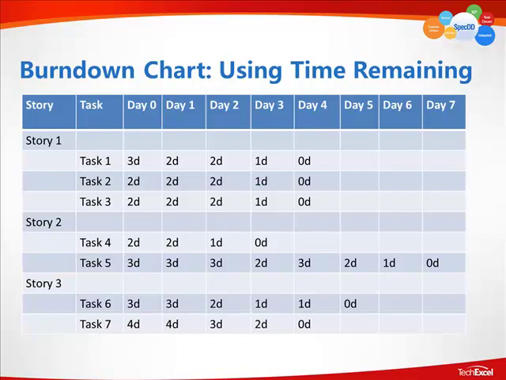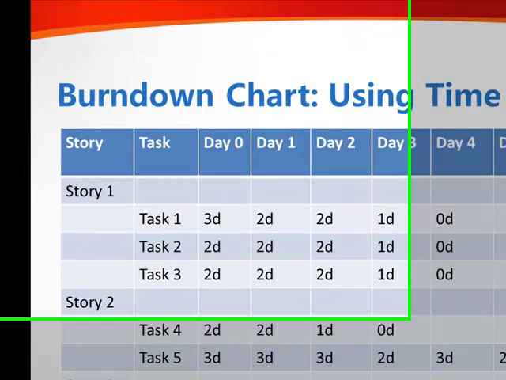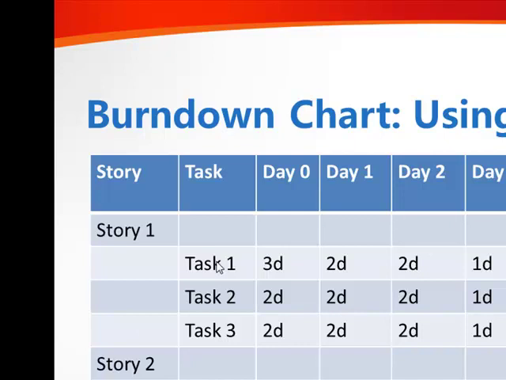Now, the reason I bring up this example is to demonstrate how just because task 1 does not go smoothly, 3 days, 2 days, 1 day, does not necessarily mean that the estimation was incorrect.